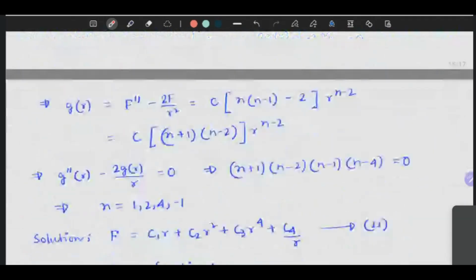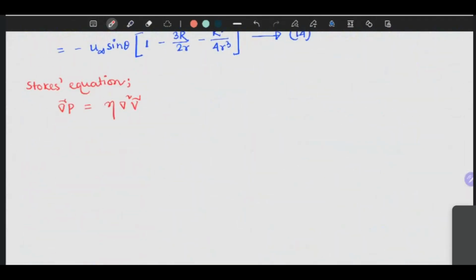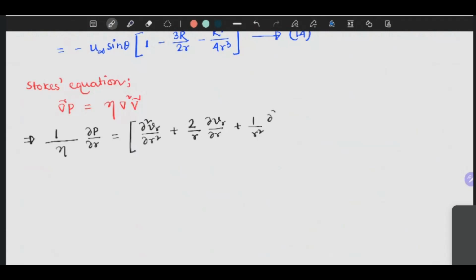Okay, so now if you get this equation and if you substitute the values, then you will get 1 by eta dp dr is equal to del 2 Vr del r2 plus 2 by r del Vr by del r plus 1 by r square del 2 Vr del theta 2 plus cot theta by r square del Vr by del theta.